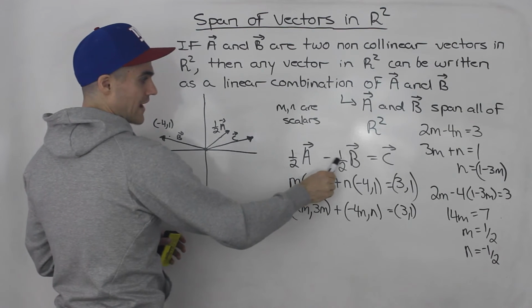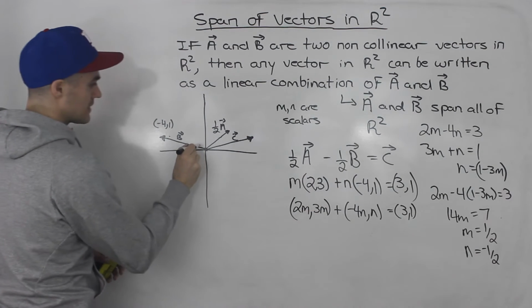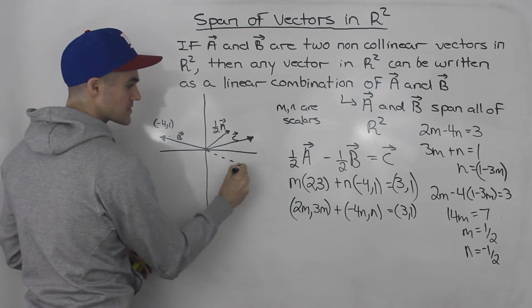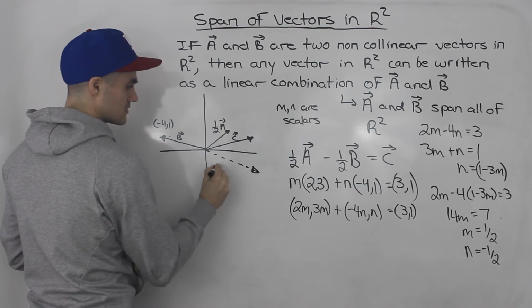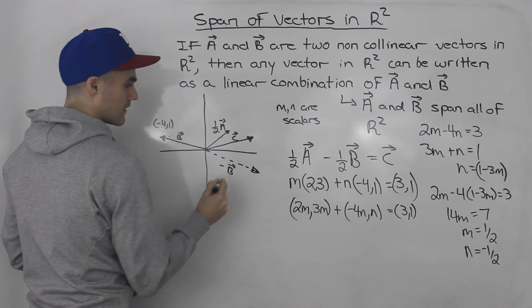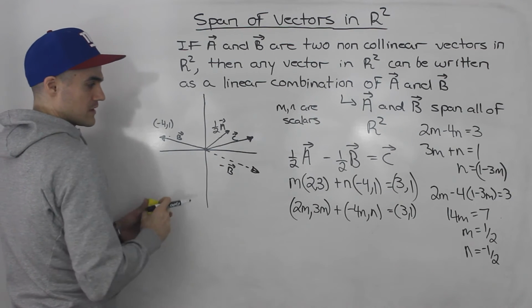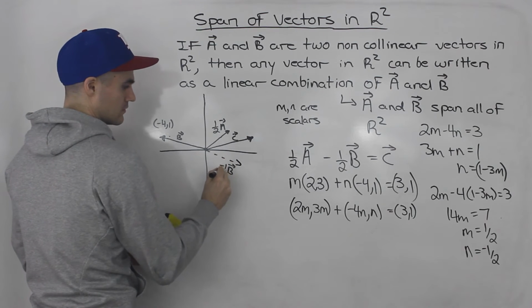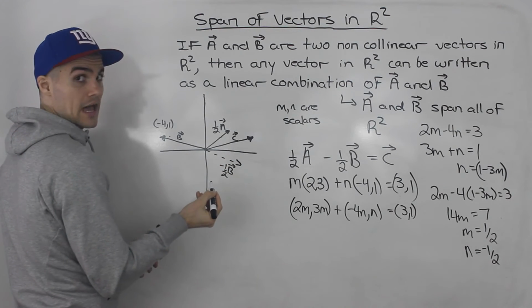And then we're going to subtract 1/2 B. Notice B is going in this direction, so negative B would go in the opposite direction. So this would be negative B. And then 1/2 of B would be half of that magnitude, like that.